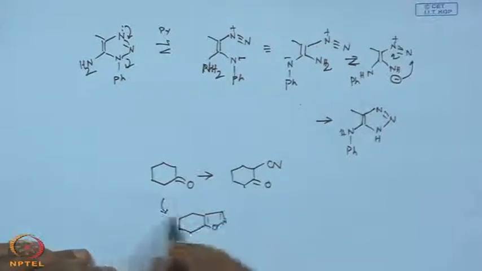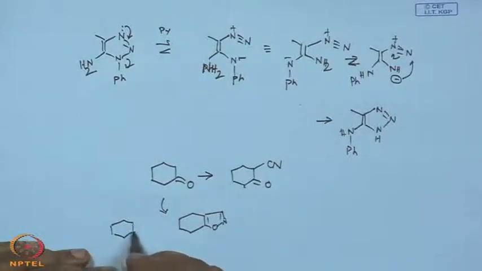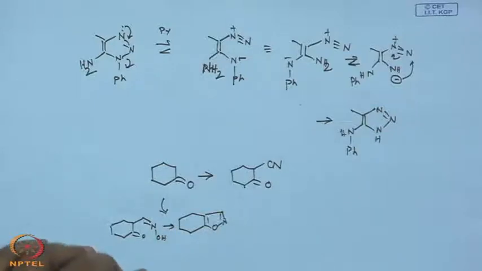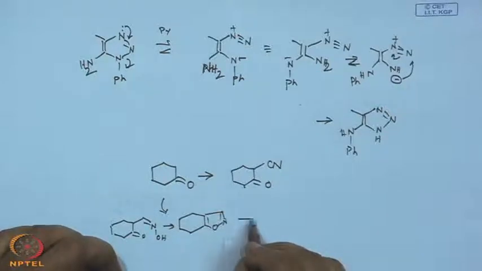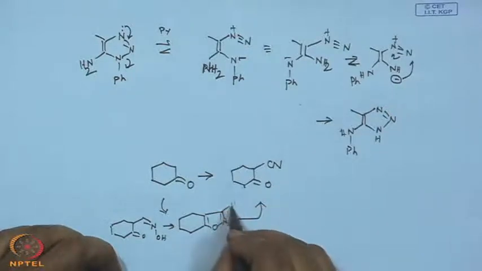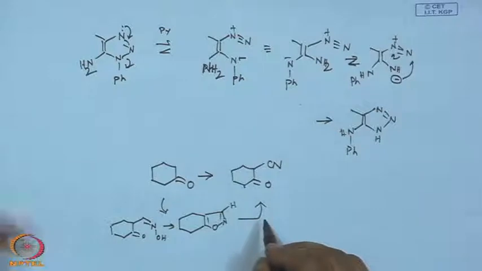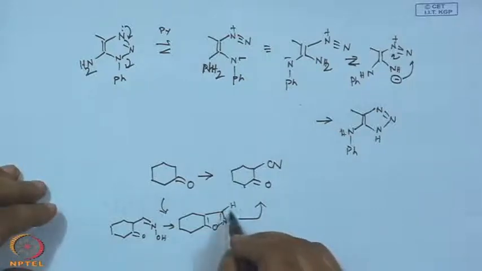If you have an oxime here, you can cyclize to the corresponding isoxazole. Now, if you treat this with a strong base, it just opens up.